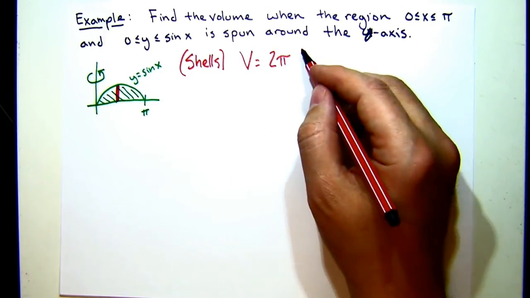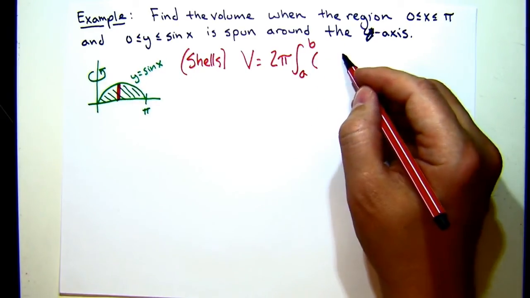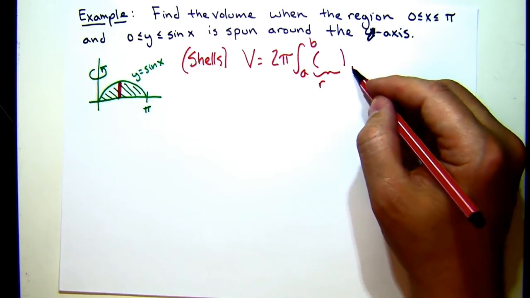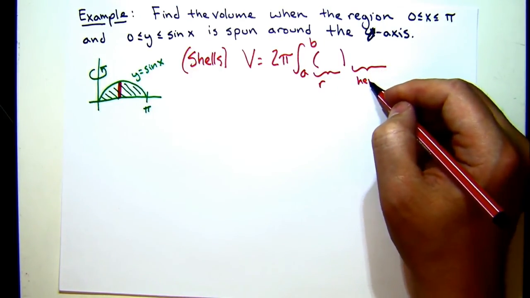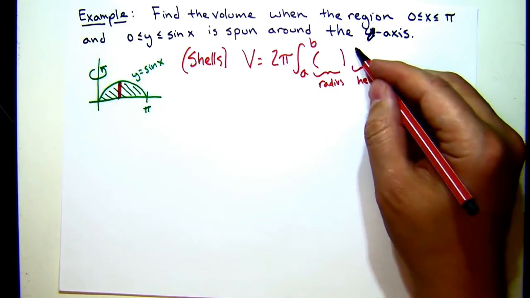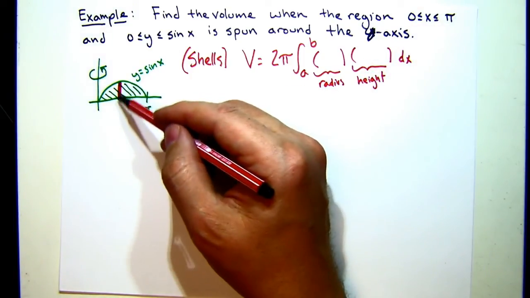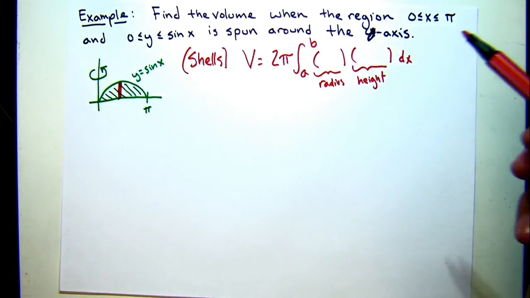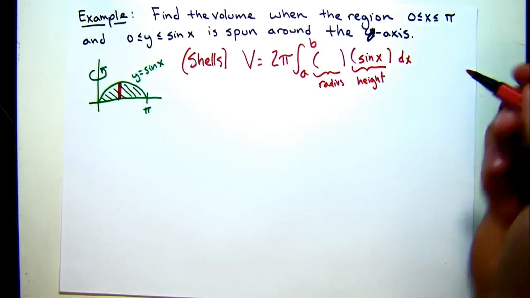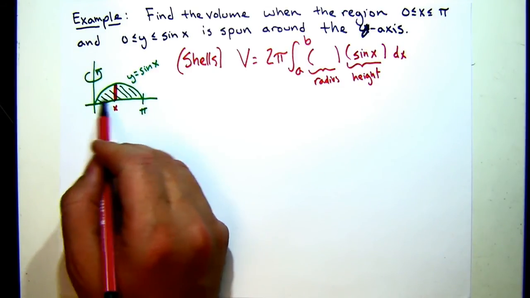All right, so the volume will be 2 pi integral a to b of two pieces. This is going to be our radius, and this is going to be our height. All right, so let's fill these pieces in. Our height, how high is this? It's sine x. Our radius.